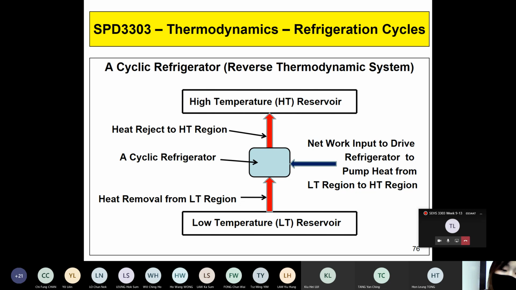So we still obey the thermodynamics law, right? If we want to achieve refrigeration, we need payment, that is, we need work input.